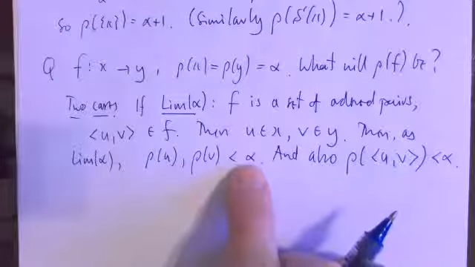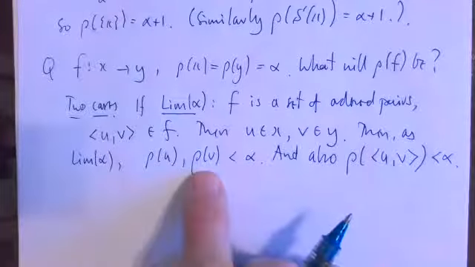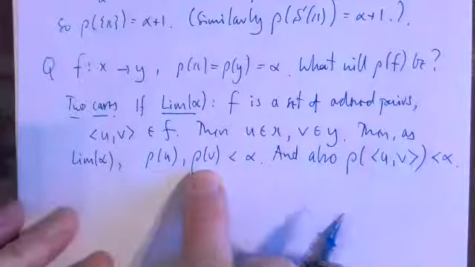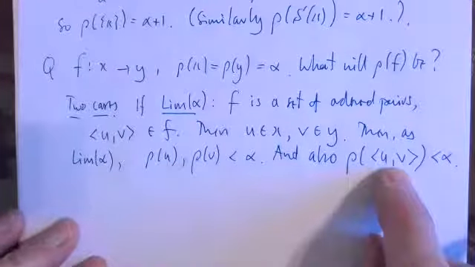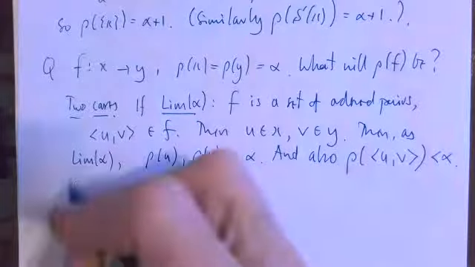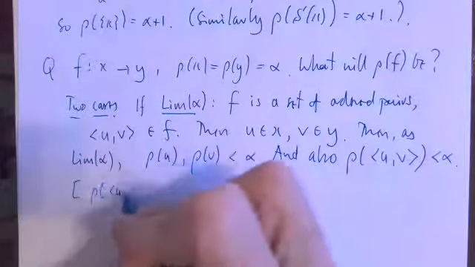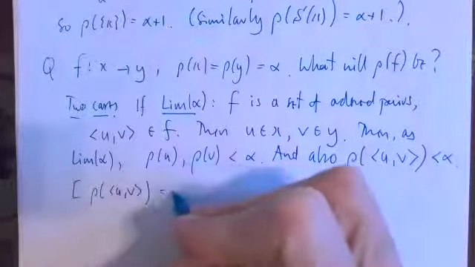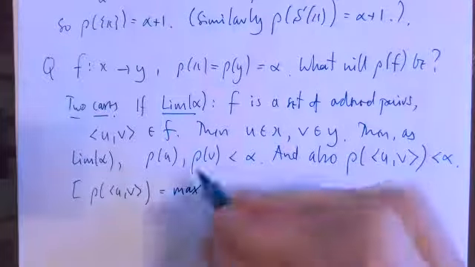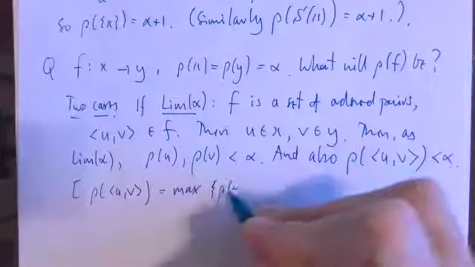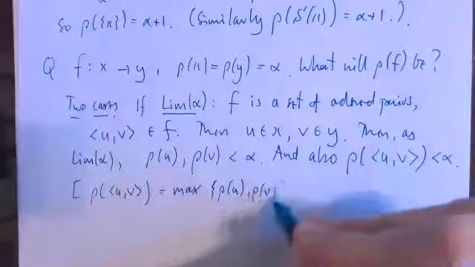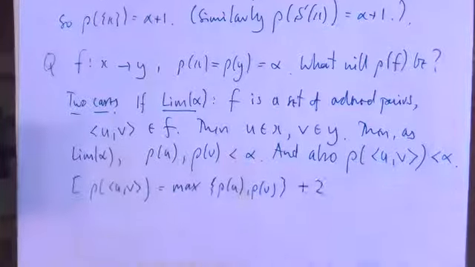Again, think of alpha as perhaps being omega and these as being finite. Then the rank of this would be finite. It's the maximum of the rank of U and the rank of V, plus 2.